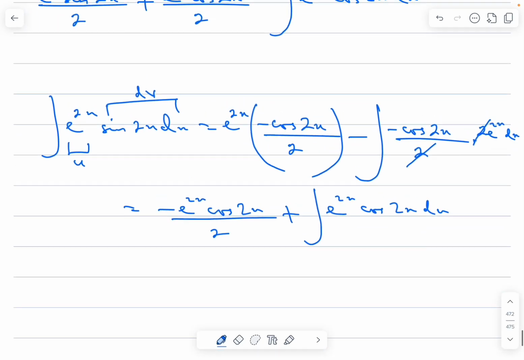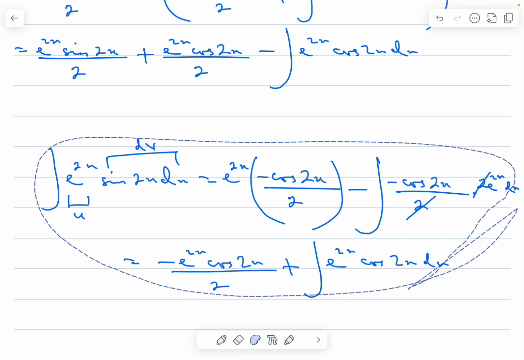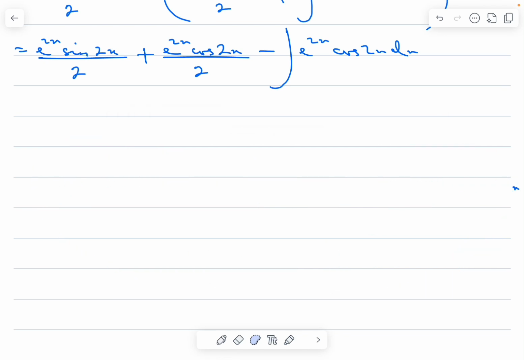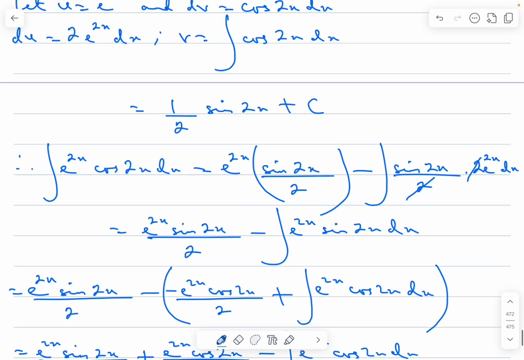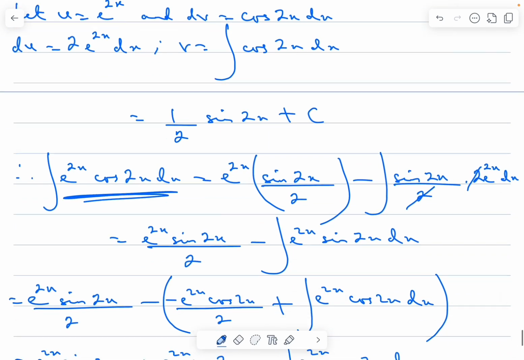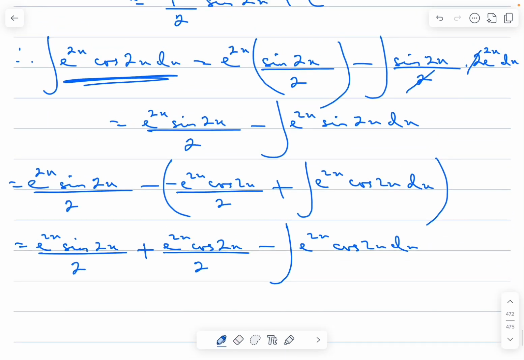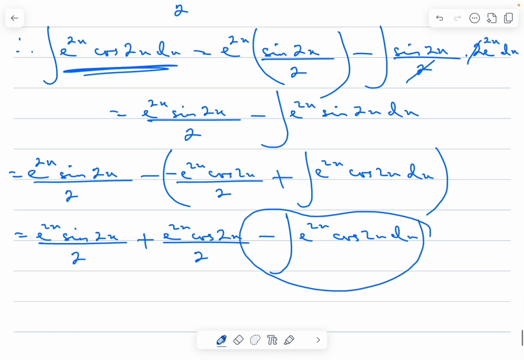Now, that's what we have. That simply means the integral of e raised to the power 2x cos 2x is equal to the whole of this. So we can bring minus the integral of e raised to the power 2x cos 2x to the left hand side.